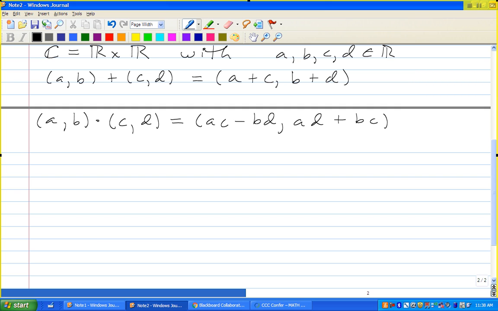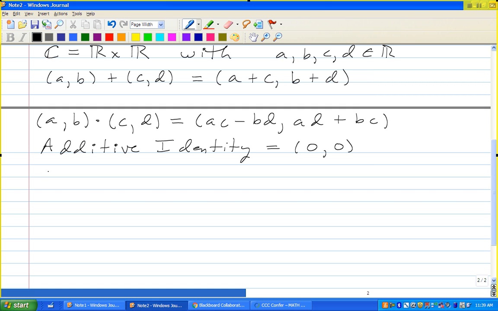In order for this to have the field properties, let me also give you some names for certain quantities. The additive identity for this complex field is just the ordered pair (0, 0).